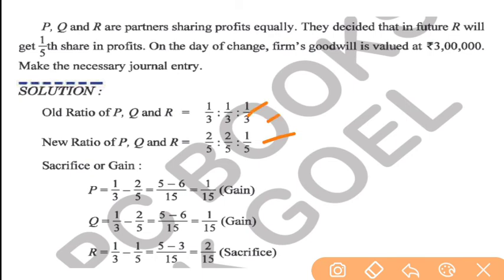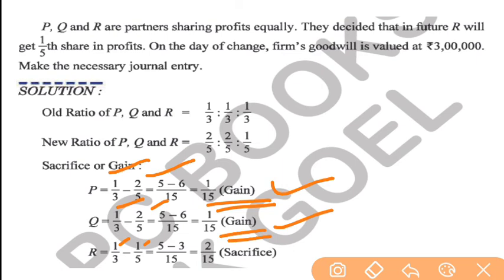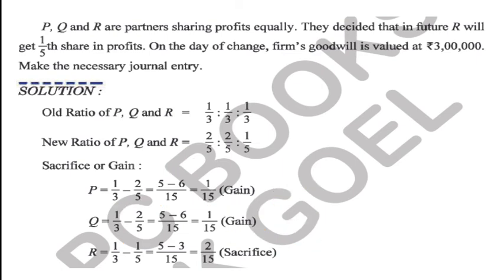The old ratio was 1 by 3, 1 by 3 and 1 by 3. Now we will subtract old ratio minus new ratio like this. So we will get 1 by 15 will be gained by P, 1 by 15 will be gained by Q, and 2 by 15 will be sacrificed by R. Now what we will do?